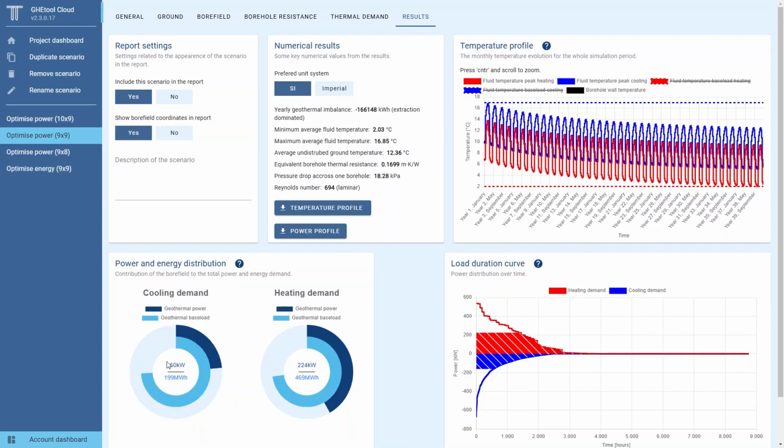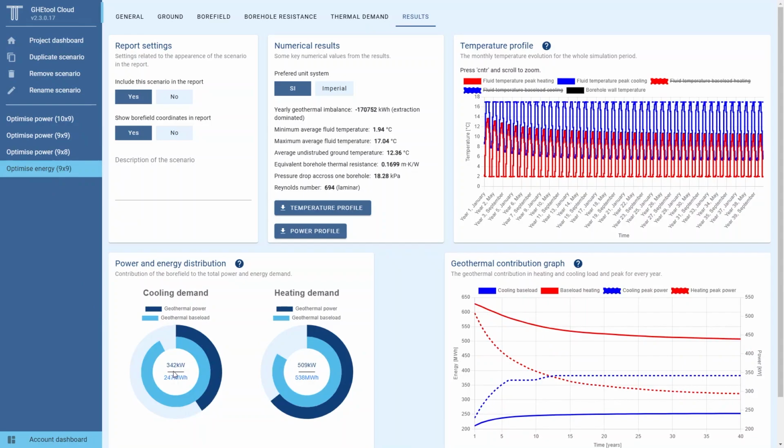But we had 160 kilowatts and 224 kilowatts in heating and cooling power geothermally. And now we have 342 and 509 kilowatts. So this is an important finding.